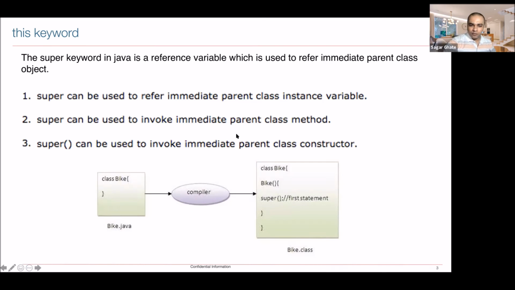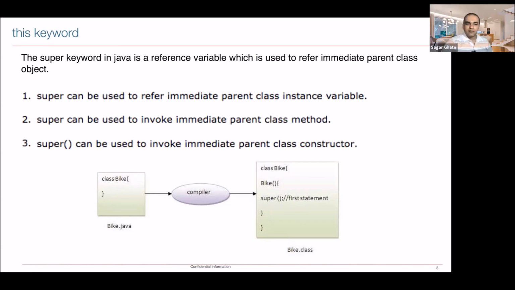Second, super can be used to invoke the immediate parent class method. Same thing. And super can be invoked to call the immediate parent class constructor. How is our entire inheritance happening in Java? Your compiler will explicitly write this statement, known as super. As in constructor, we have seen if we are not writing this statement, your compiler writes it.